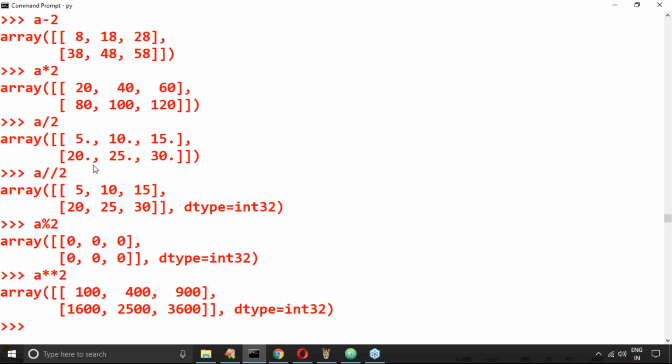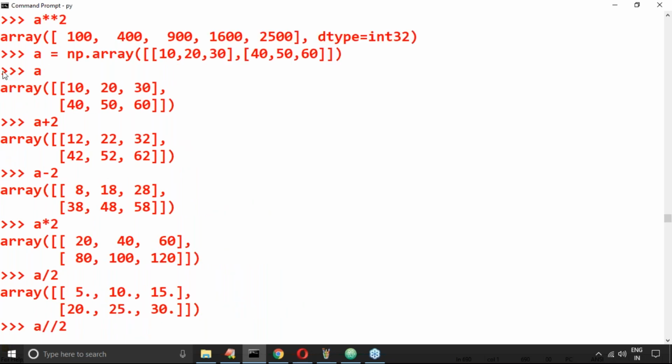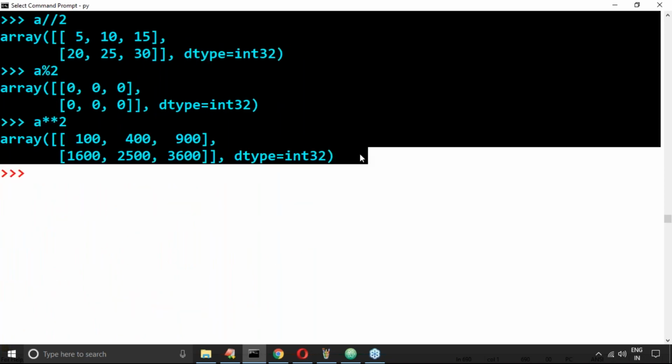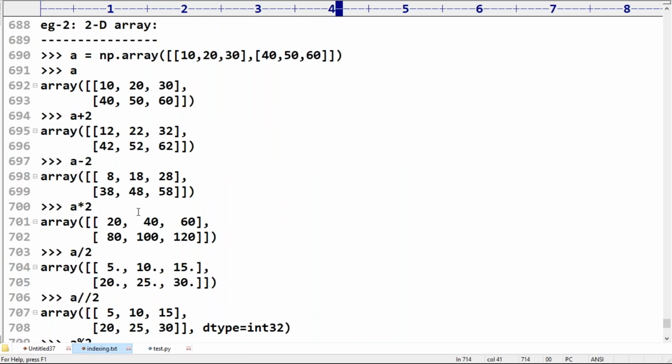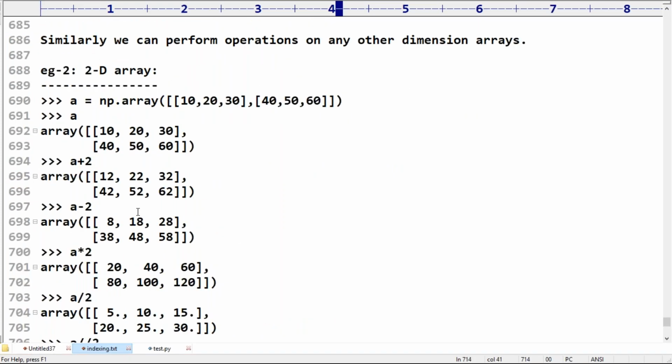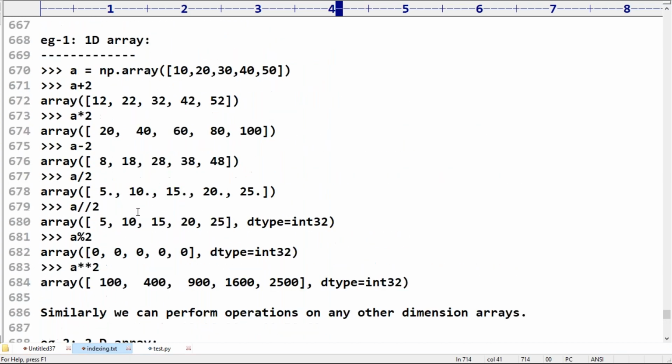Please confirm, I hope everyone is in a position to understand how you can apply these to 2D arrays. Similarly, you can perform operations on a 3D array also. We are not required to worry.